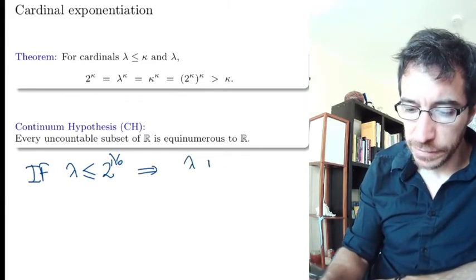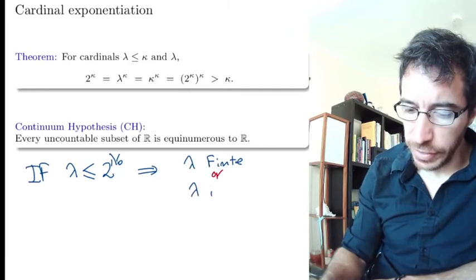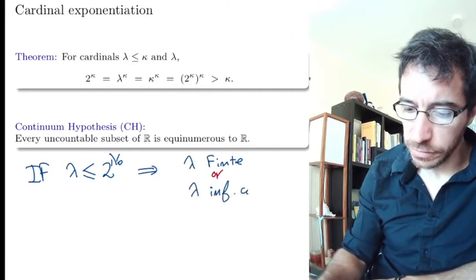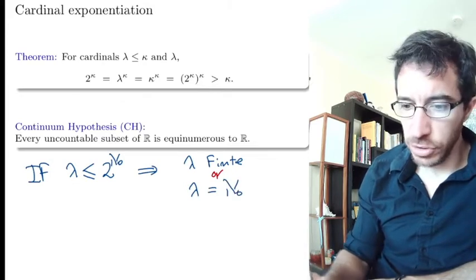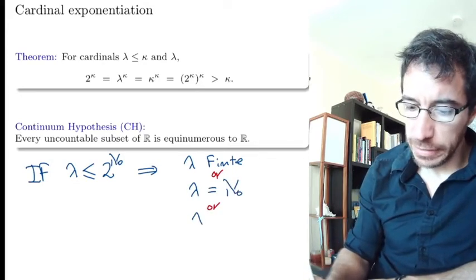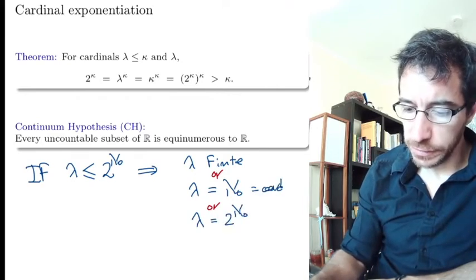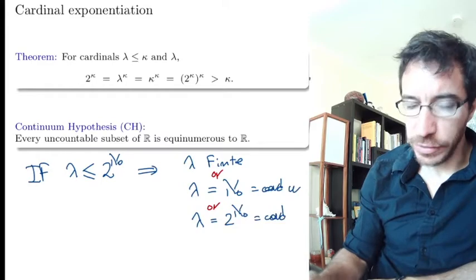Lambda is finite, or lambda is infinite and countable, so lambda is aleph naught, the cardinality of the natural numbers, or lambda is the same as 2 to the aleph naught, the cardinality of the reals.